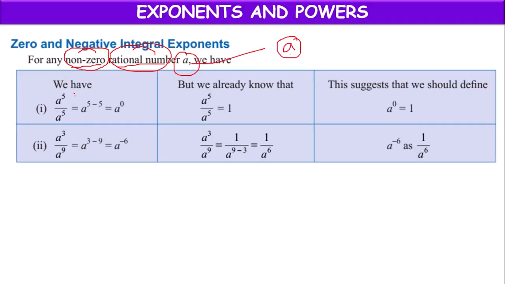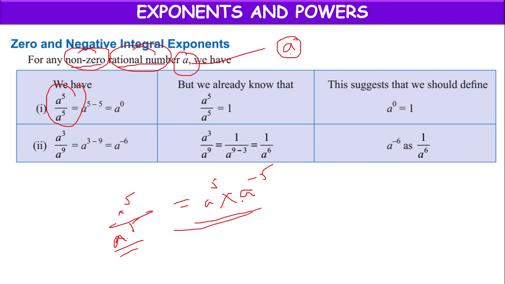So a power 5 by a power 5 can be written as a to the power of 5 into a to the power of minus 5. The base will be the same, but the sign of the exponent will change.